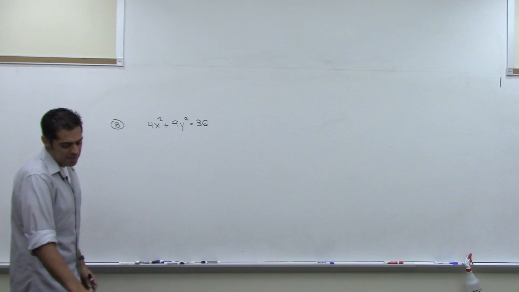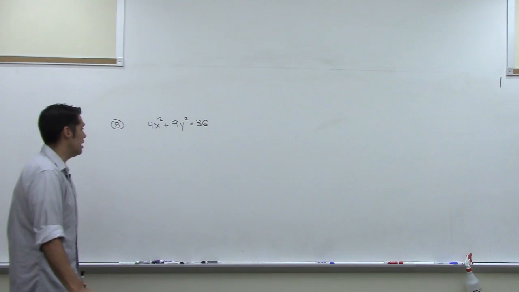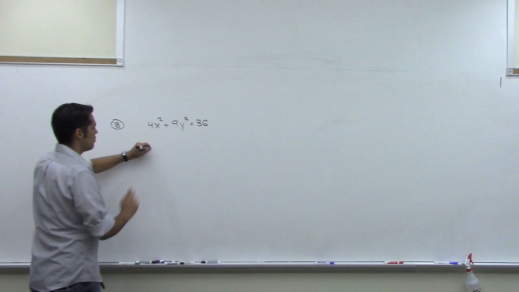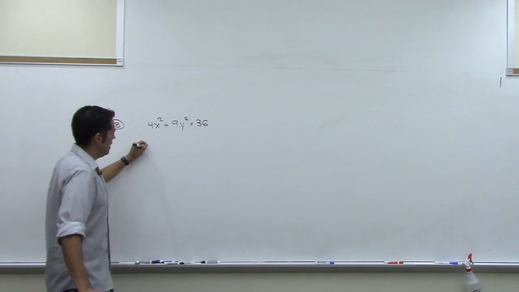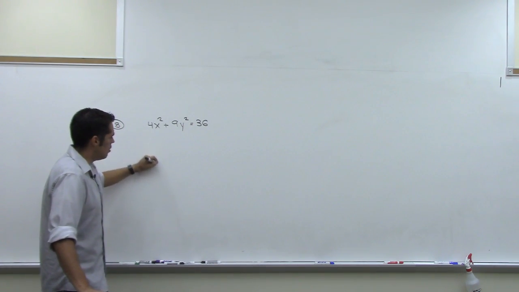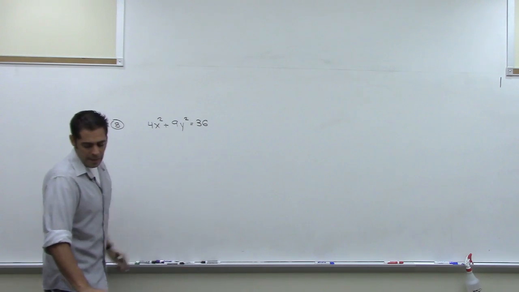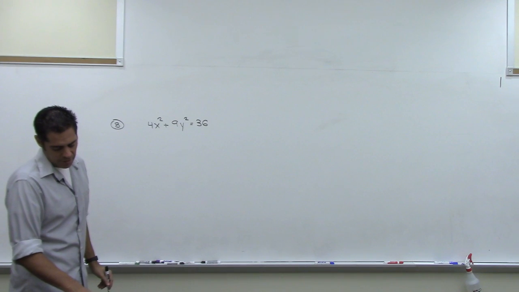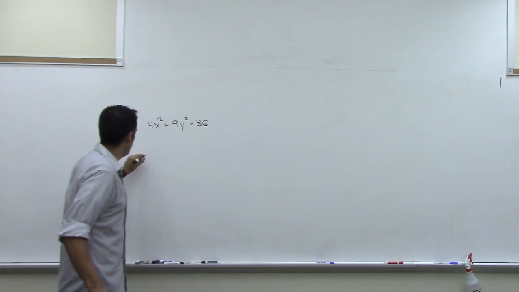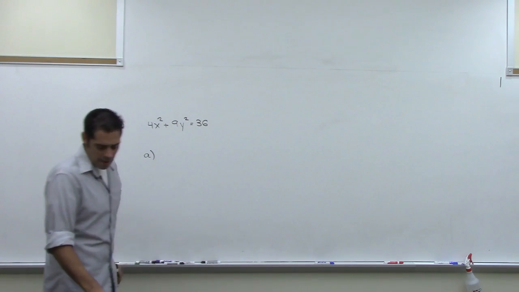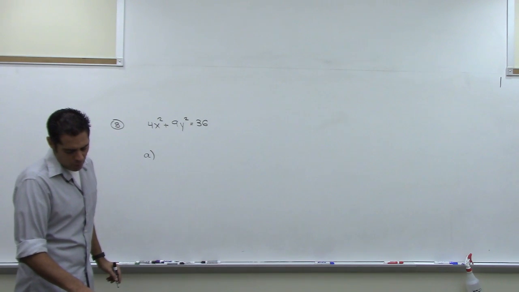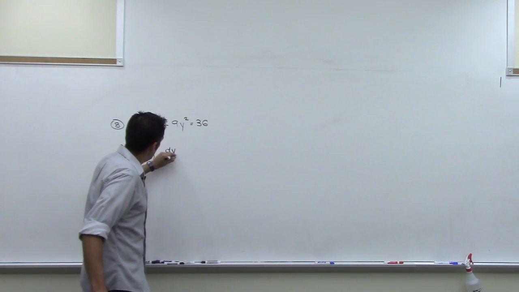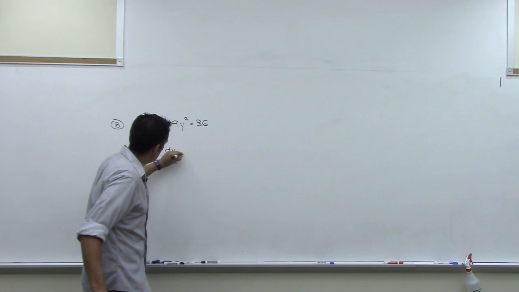Part A says that x and y are functions of time. As you draw the curve, imagine a clock running in the background, and you have some way of drawing it. They're telling you a little bit about how you're drawing it. For part A, suppose that dy/dt is 1/3, so the rate at which y changes is constant.